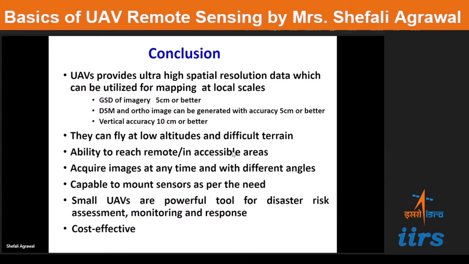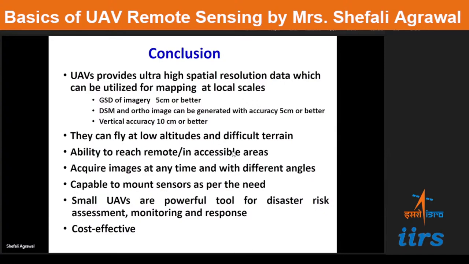For the red zones, you cannot collect data. For the yellow zones, permission has to be taken from the respective authorities, from the DGCA, and then accordingly you can fly. You can register yourself or your drone on the DGCA website known as Digital Sky.